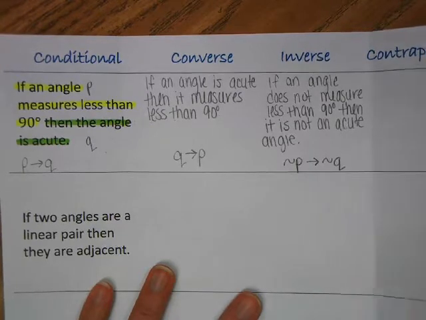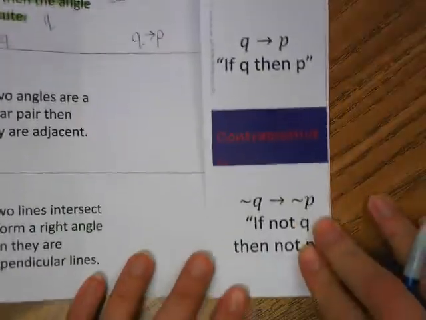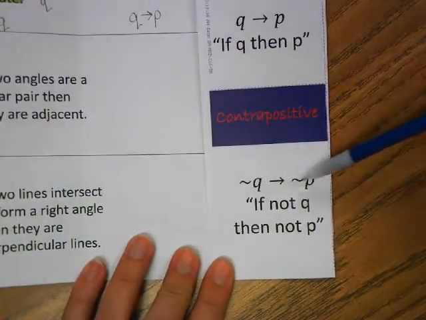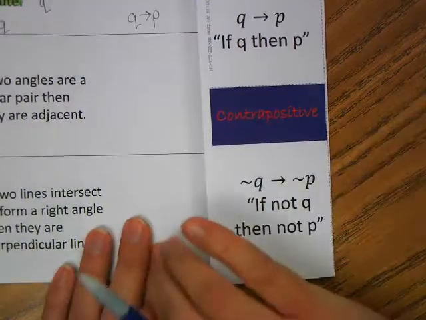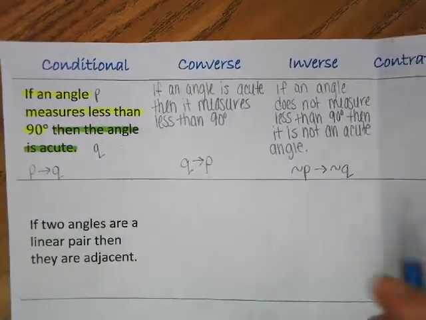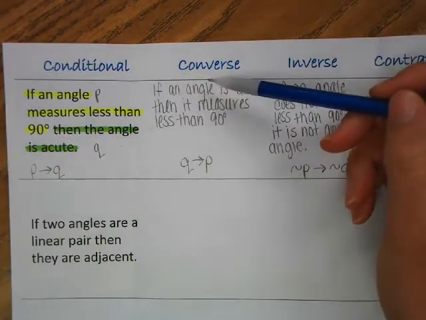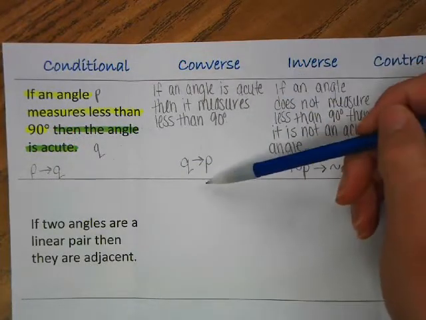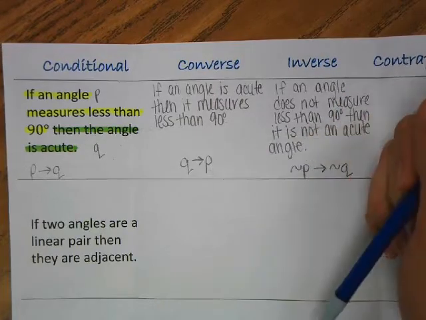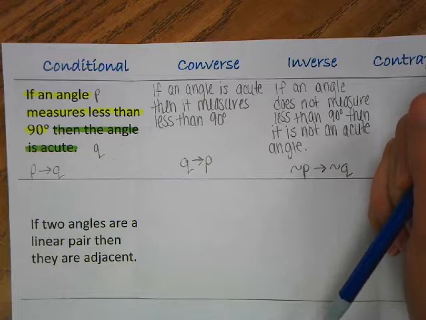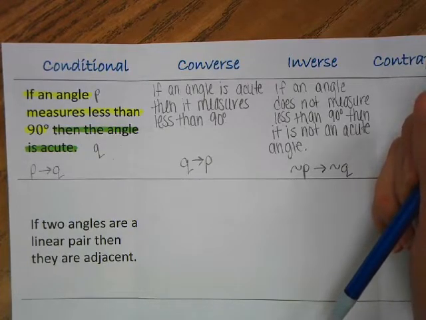And then for the contrapositive, again, go back to that flap, you have to switch the order and negate the statements. You're going to have what looks like a converse because you're flipping, but you're also going to have to negate them. So you would say if an angle is not acute, then it does not measure less than 90 degrees.